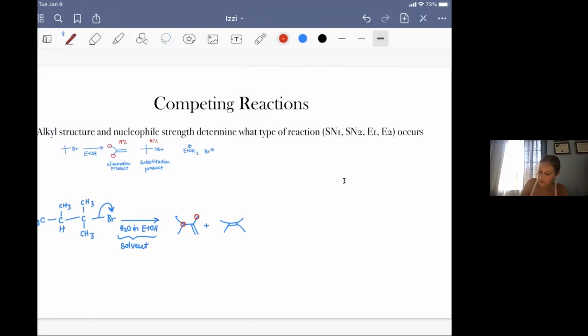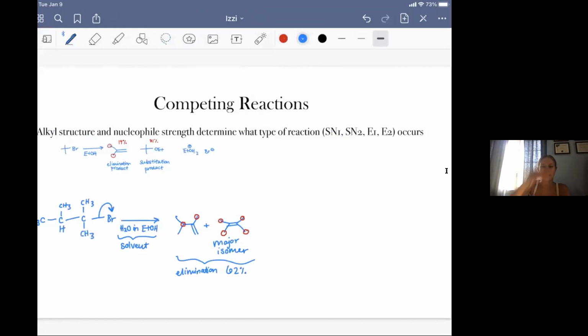But in the second one, there's 4 substituents on the double bond. So we know that if you have 4 alkyl substituents, especially compared to 2, because there's more, the second one will be the major isomer. And this altogether constitutes the elimination products, which is at 62% in solution.